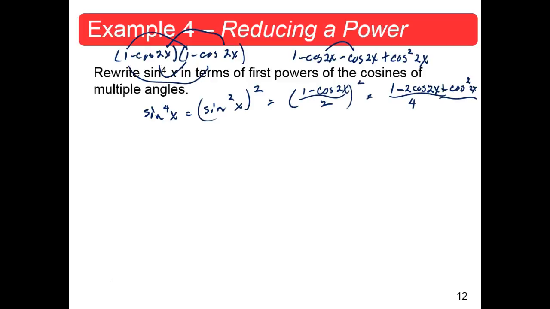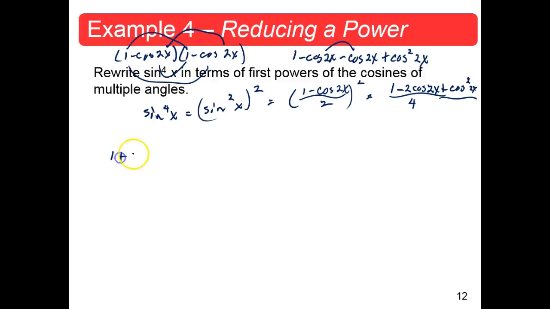Now, that looks like we might have the answer, except we were to rewrite sine fourth x in terms of first powers of the cosine. There's a second power of the cosine. You need to deal with that cosine squared 2x. And what in the world was a cosine squared?